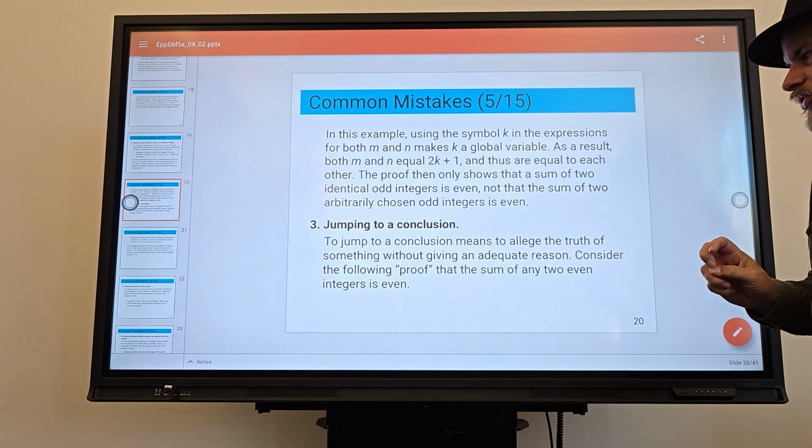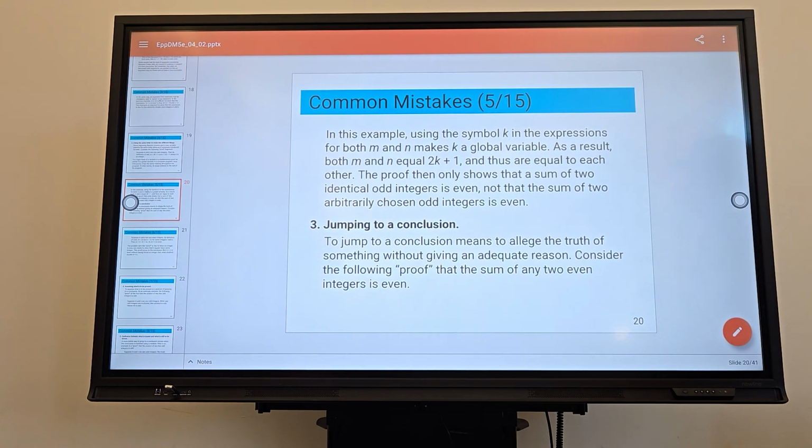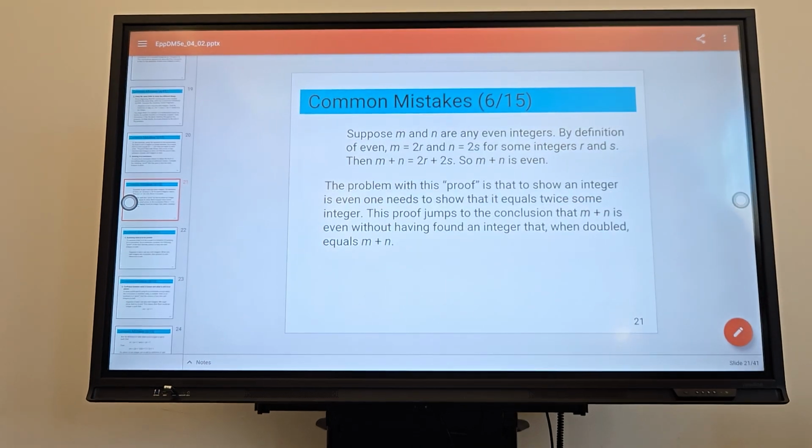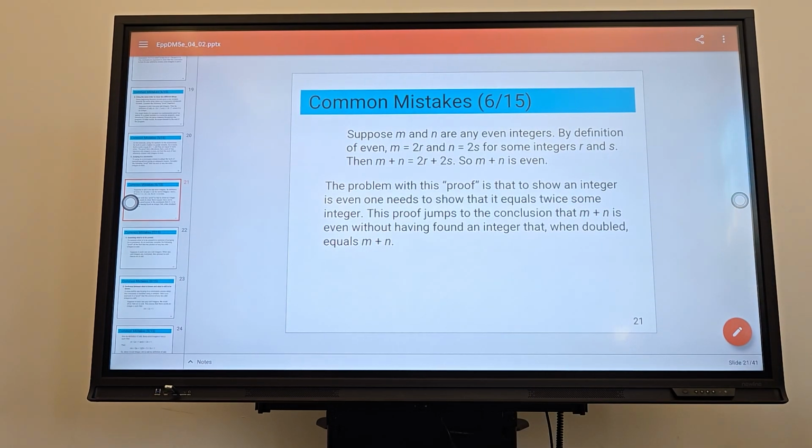Jumping to a conclusion. This means you allege the truth of something without giving an adequate reason. Consider the following: the proof of the sum of two even integers is even. Suppose m and n are even integers. By definition of even, m equals 2r, n equals 2s for some integers r and s.